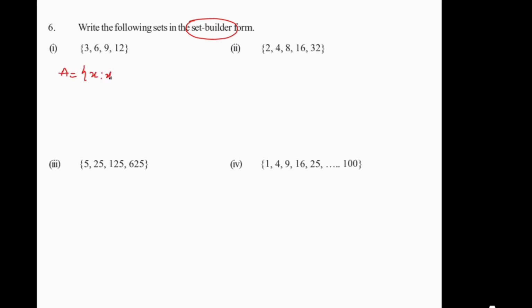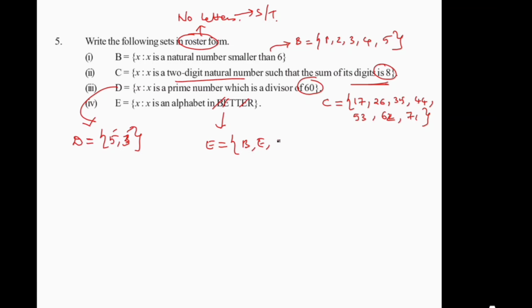A set of x such that x is a multiple of 3 and also less than 13. Similarly E is also repeated, and what is left out? R is left out. Simple.